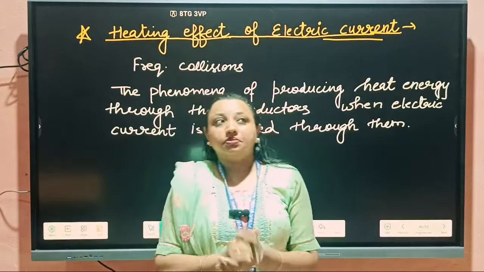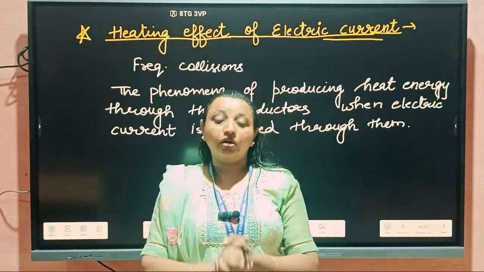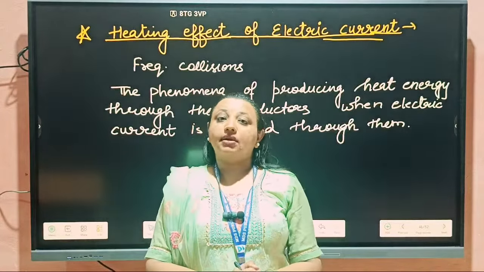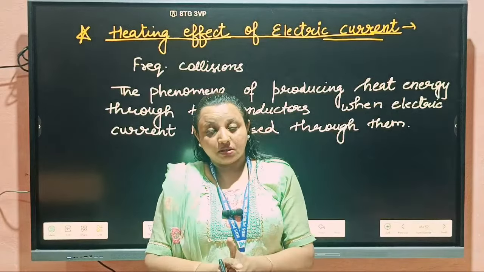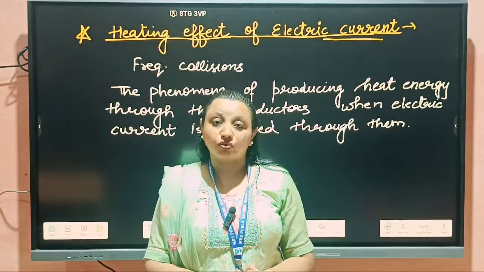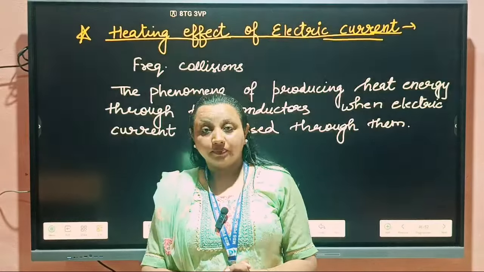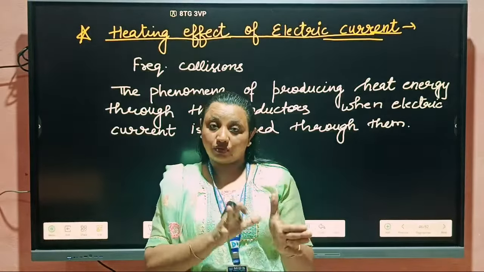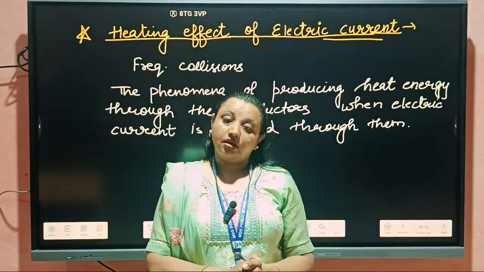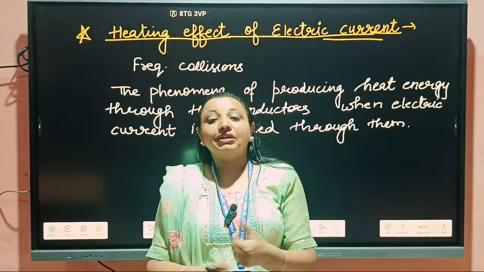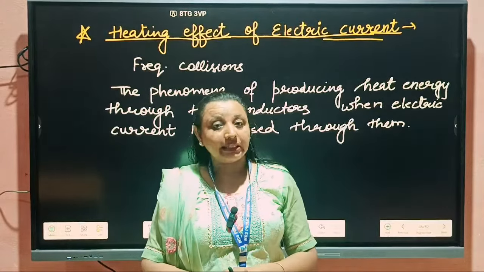Just like you saw bulbs in your home, electric bulbs, electric heaters, toaster machines, they all heated up when electric current passed through them. Why do they heat up? Due to the motion of the electrons or the collision of the electrons. The loss of the kinetic energy is converted into the heat energy.